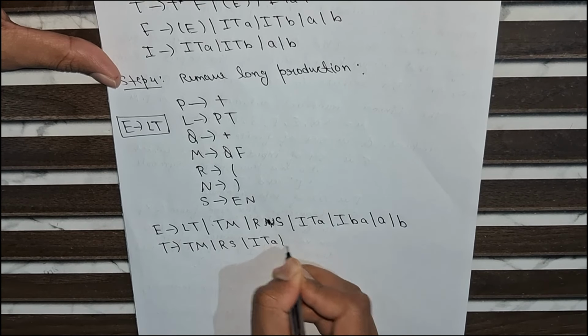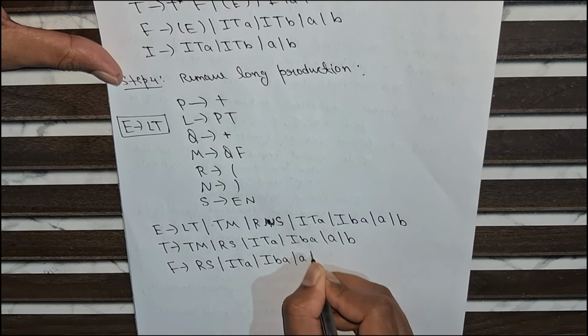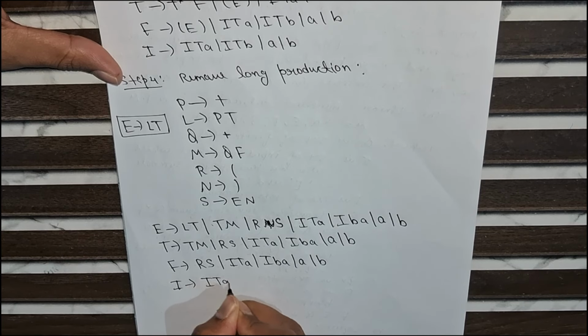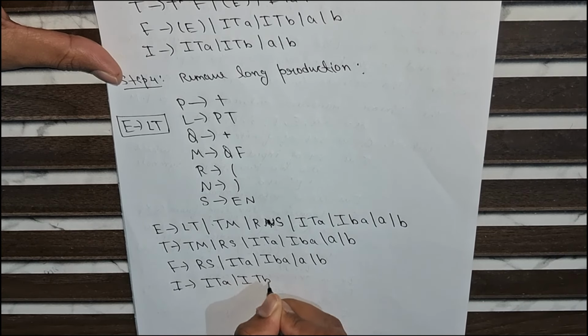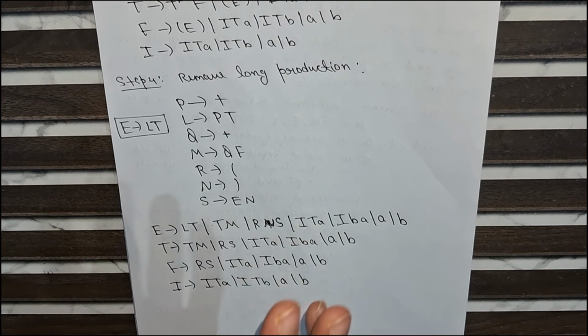F implies RS and ITA, IBA, single terminals a and b, and I implies ITA, ITB, a and b. So like this you have to convert a context free grammar to a Chomsky normal form. Here there are only two conditions which you should satisfy in a grammar for making all these things. That's the main logic here.